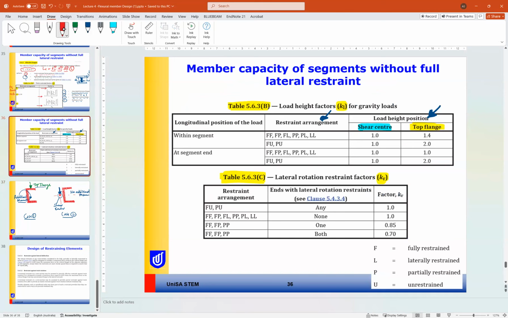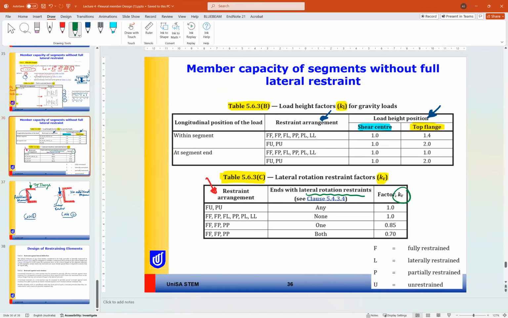The factor KR, the last one, again is based on the restraint arrangement, and whether we have lateral rotational restraint. So if you have lateral rotational restraint, you can find the value of KR.